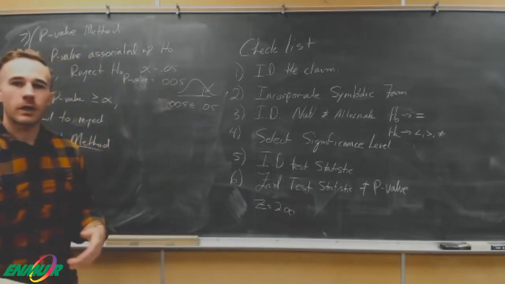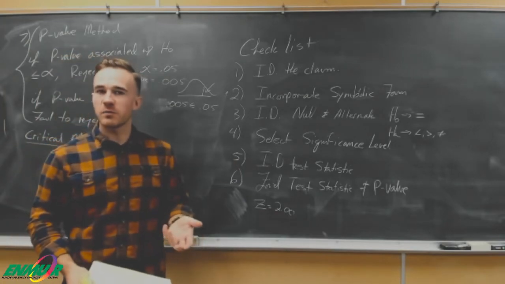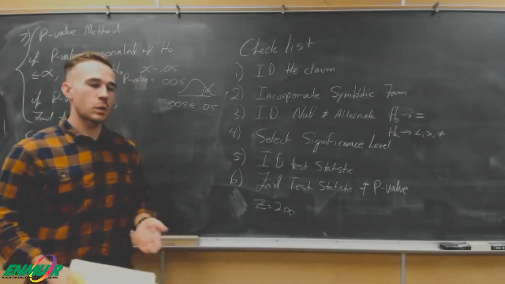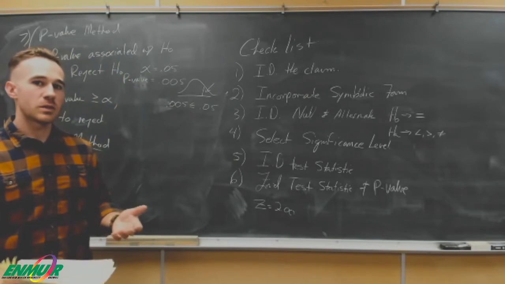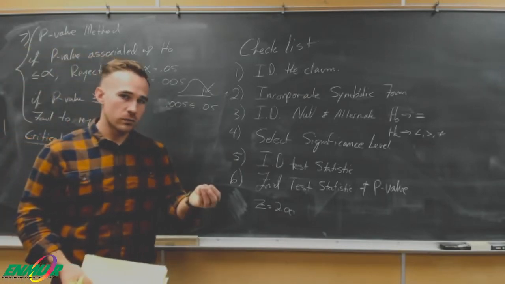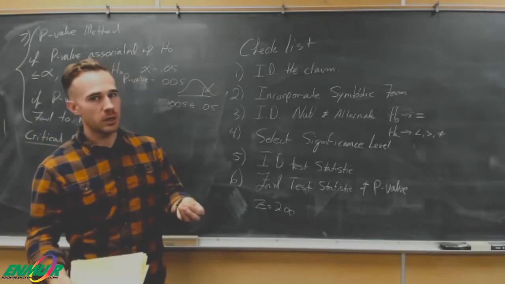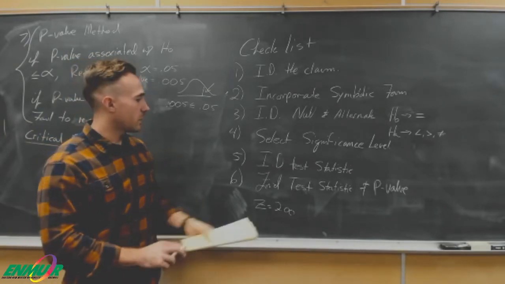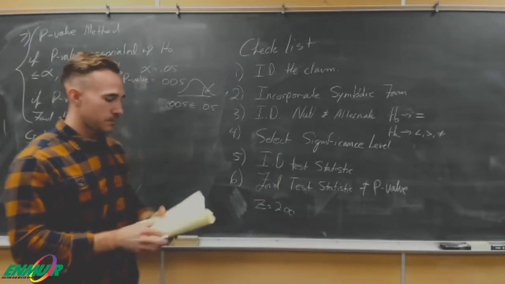If you have a 95% confidence, I believe 1.96 is your critical value. So I'm going to take that critical value from my confidence and compare it to the critical value that I found for my test statistic, okay?